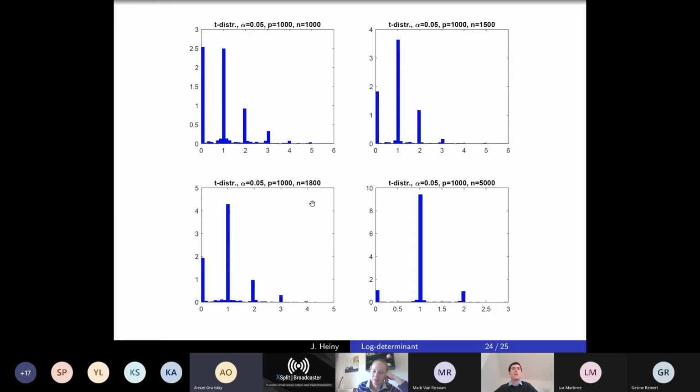Or if you compute, say, the Kolmogorov distance between the empirical distribution and the limit, will convergence be very slow to 0? Do you have any idea about that?